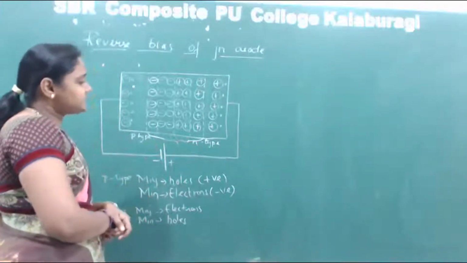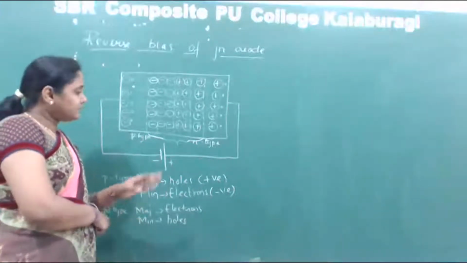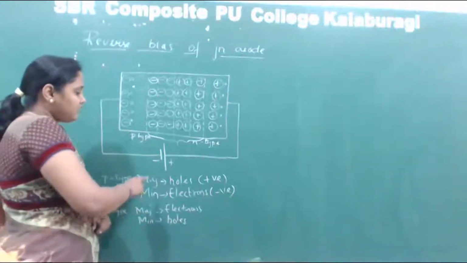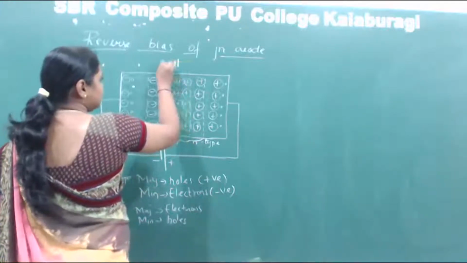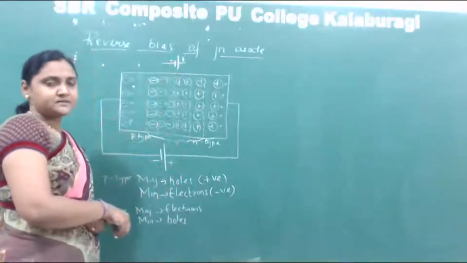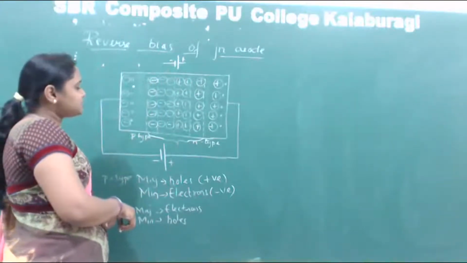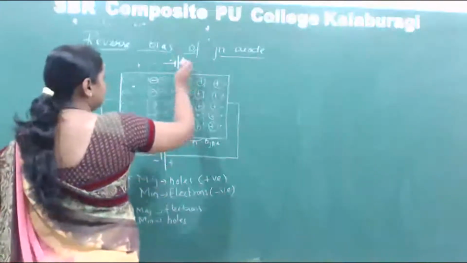Now what happens? Because the width has increased, it is called a diode. The width has increased means here we can also see the barrier potential was marked like this, from negative towards the positive.